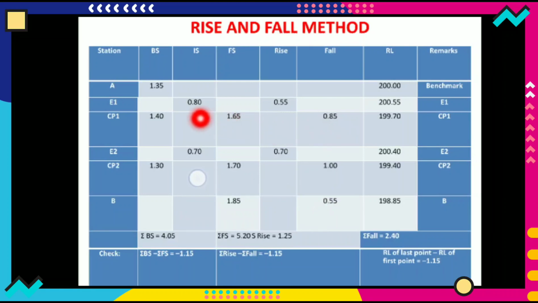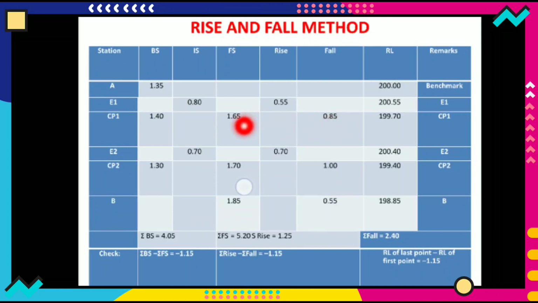Okay, so we can see 1.35 minus 0.8 is equal to plus 0.55, so that will be written in the rise column. Then 0.80 minus 1.65, your answer will be minus 0.85, so that is written in the fall column.